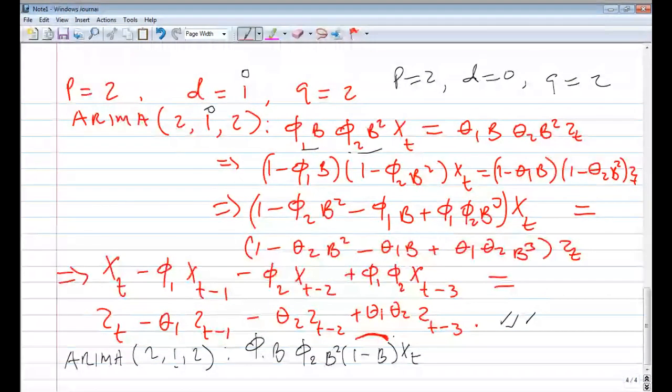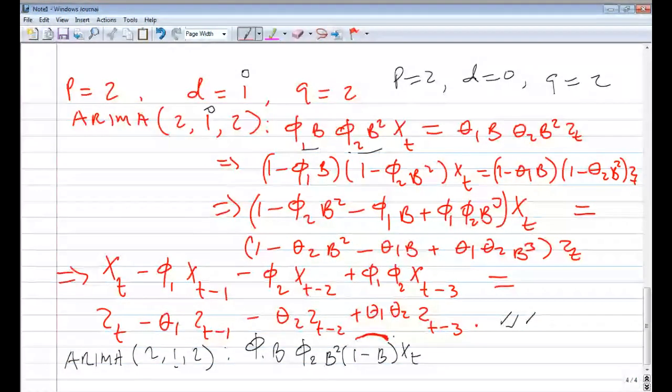Sir, that's why we are asking you, because we see these mistakes. And now I want you to tell me what's happening on this phi 1 B and phi 2 B squared X_t. Try to elaborate what you wrote there, sir. Yes, thank you very much for your question, because it makes me realize that we made a mistake.